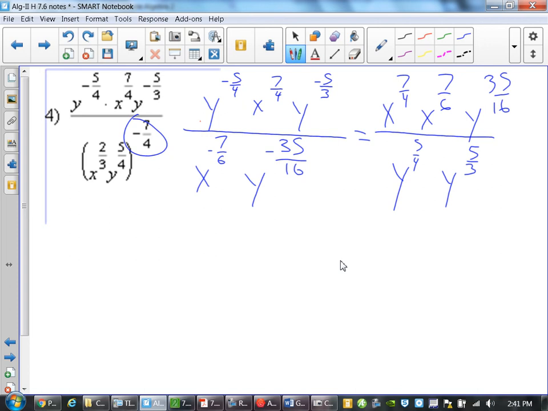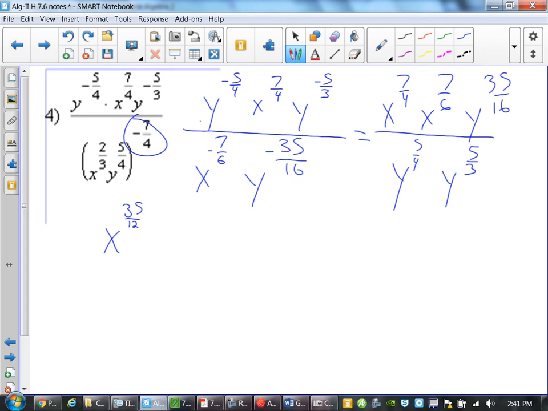You have 7/4 and 7/6. The common denominator would be 12, so it'd be 21 and 14, so 35/12. Please double check that.